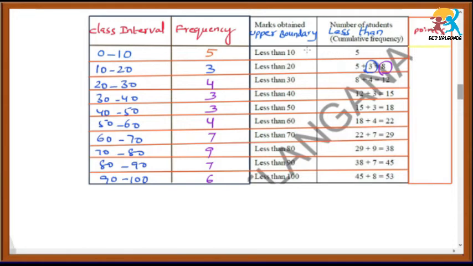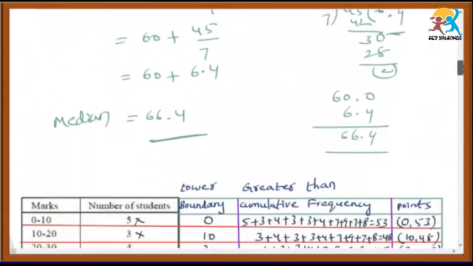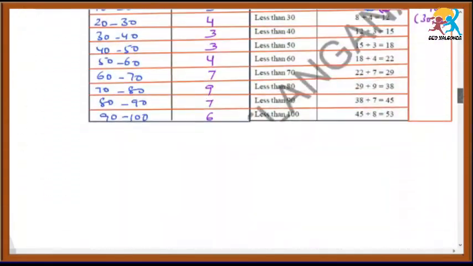I will write here the class interval, the points will be 10 comma 5, and this is 20 comma 8, and 30 comma 12, and for the remaining, the method which we used in the previous question itself will be used here, no problem. So we can use the median formula.